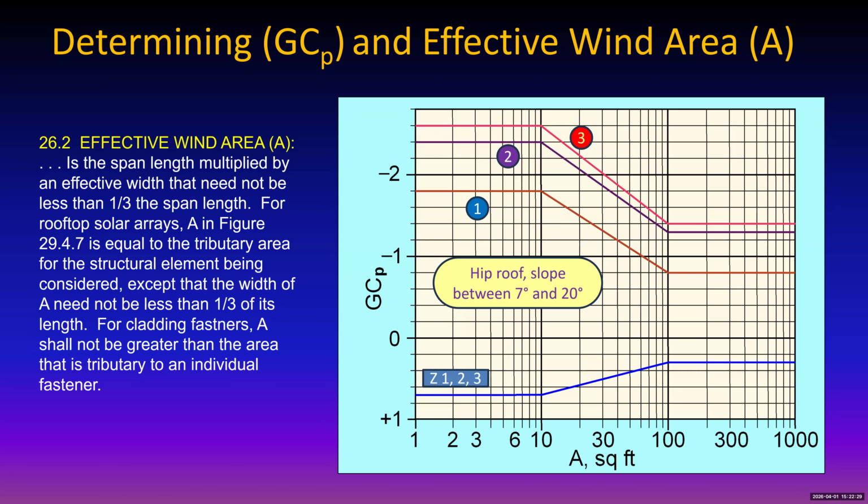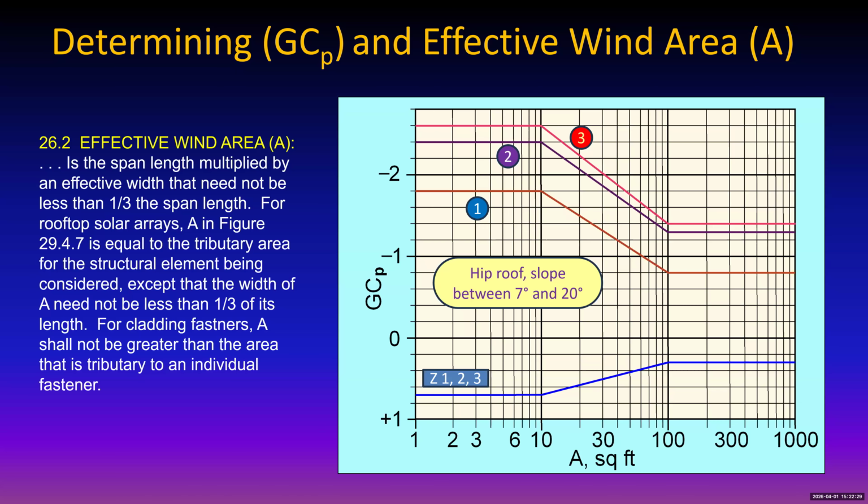So manufacturers oftentimes put limits on the spacing of the mounts for the array anyway. The effective wind area sometimes might allow for a wider spacing, but then the manufacturer comes in and says, no, you can't do that anyway. But know about it. It exists, the effective wind area.